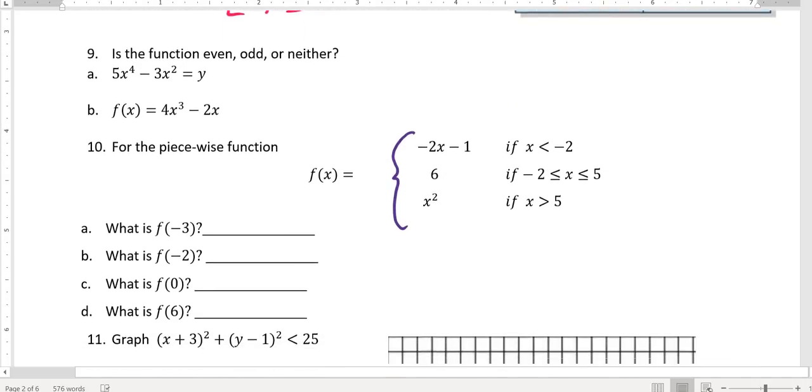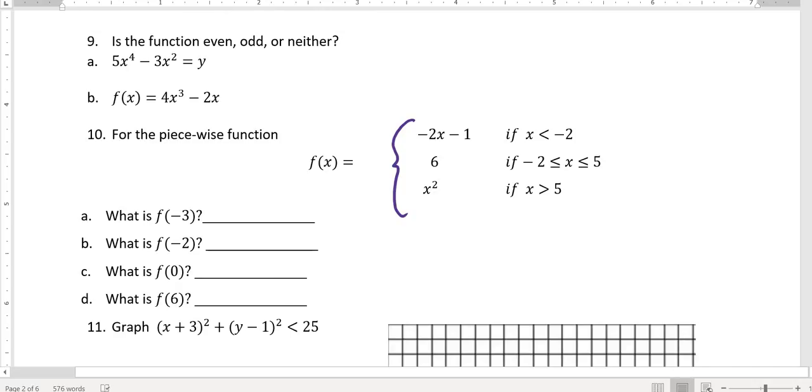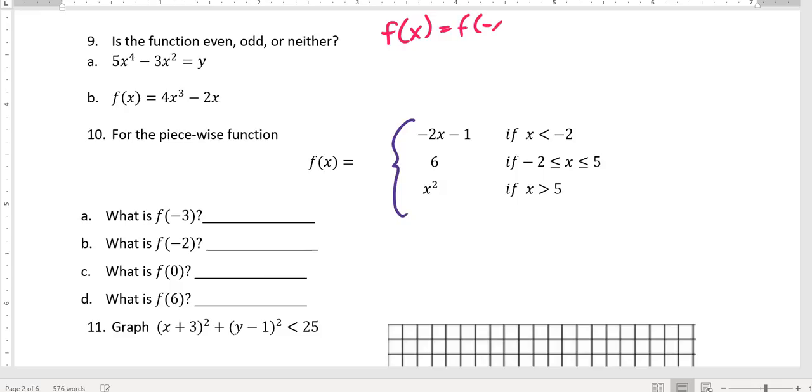Is a function even, odd, or neither? A couple little tricks we can do, and then we're going to do it the mathematical way. So let's look at that first. So we know that f of x is equal to f of negative x. So let's put in a negative x. Where do we see an x?